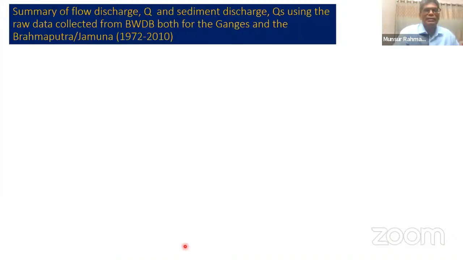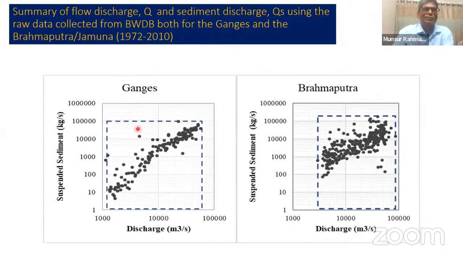And if we look at the sediment measurement data already collected by the Bangladesh Water Development Board since the 1970s, we have the Ganges and the Brahmaputra system. These are the ranges of the data: for the discharge range, we have the sediment range.